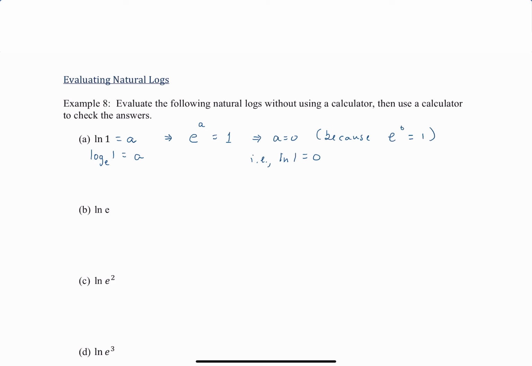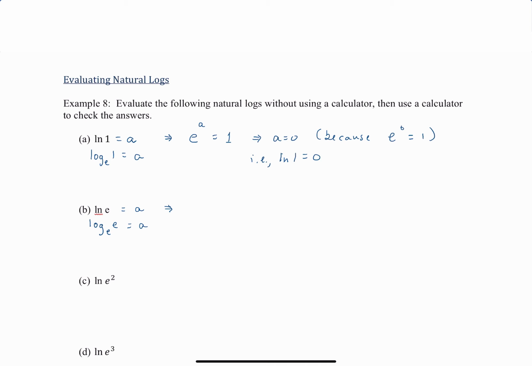Let's try ln of e. In other words, log base e of e. And I'm going to, again, give that the name A for answer. And again, introducing that label equals A gives us a chance to rewrite this as an exponential equation.